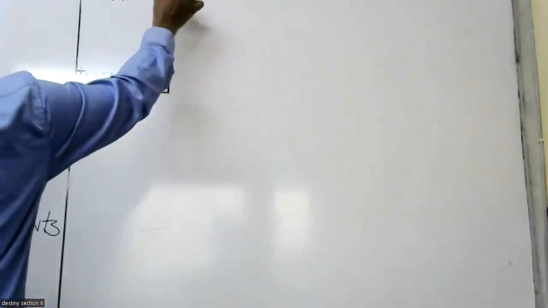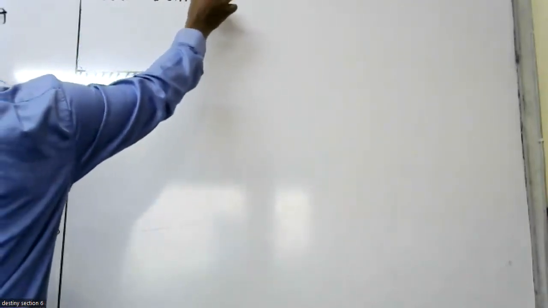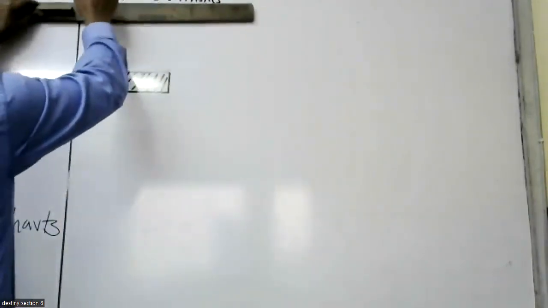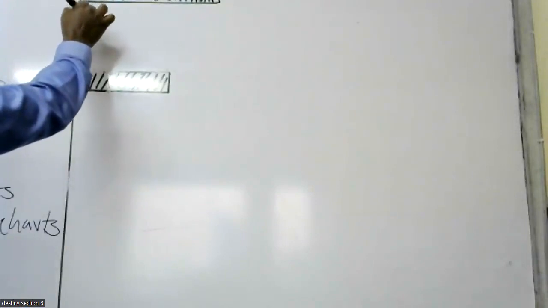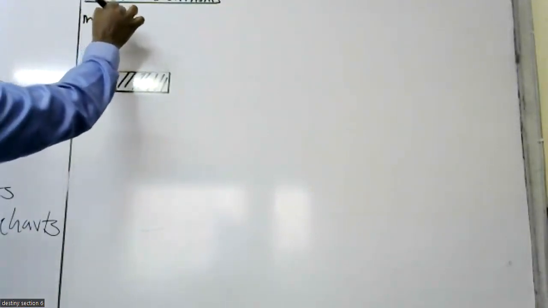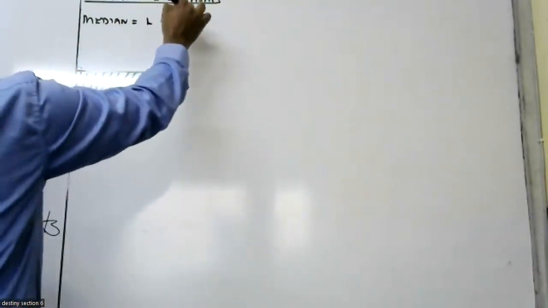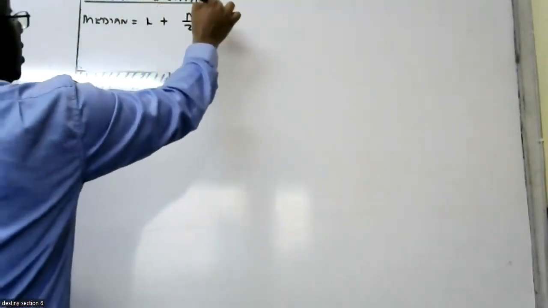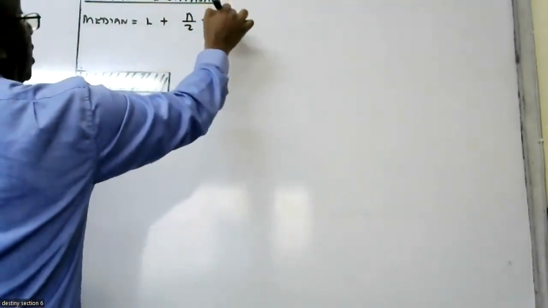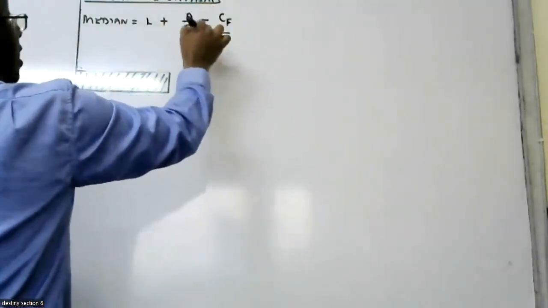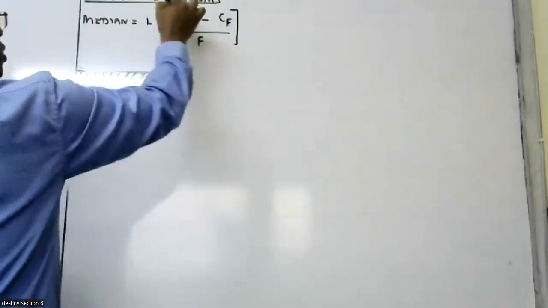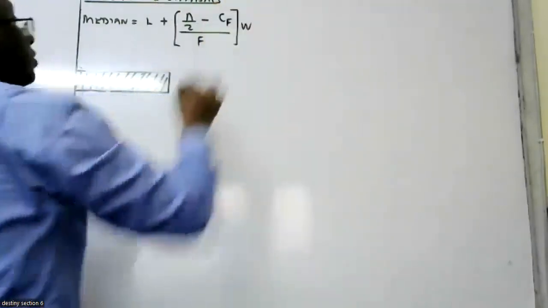And in descriptive statistics, the median is usually given as L plus N out of 2 minus CF, you divide by F, you multiply by W.